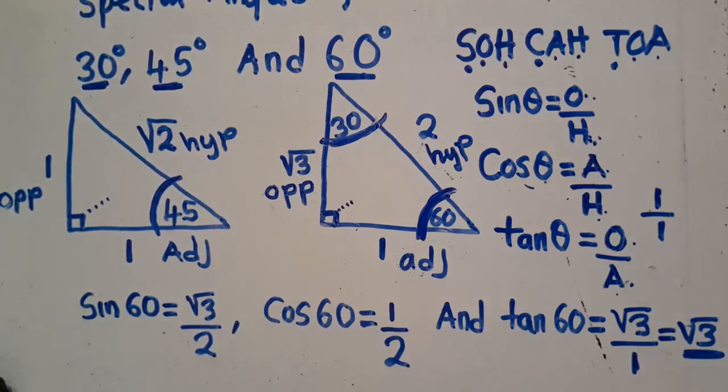I also did a video using your fingers. If using your fingers is hard, then this is the other video that you need to know. But if you are used to using fingers, the good part is that you can also find 0 degrees and 90 degrees. Here, I've just taught you how to find 30, 45, and 60.